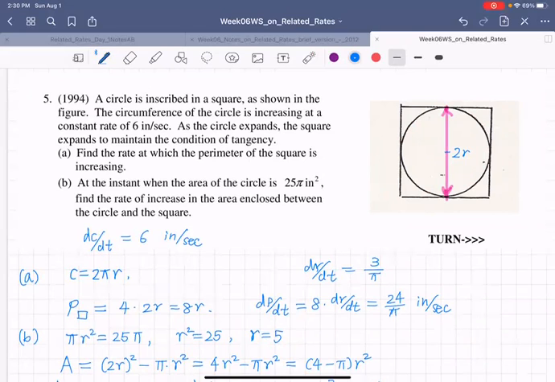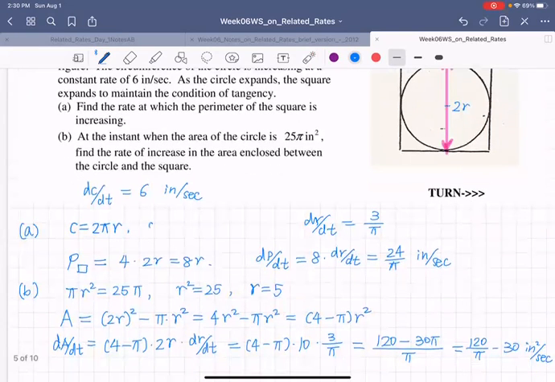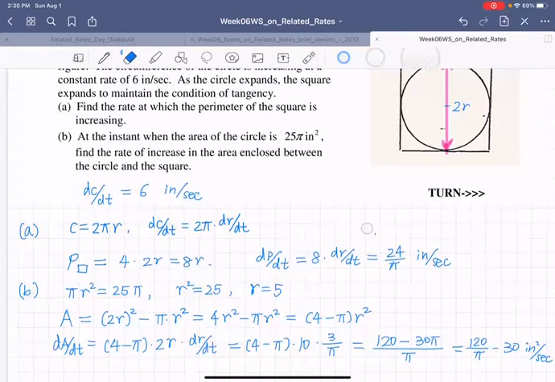So we do dc over dt equals 2 pi times dr over dt. There you go. dc over dt is 6. Let's solve for dr over dt.